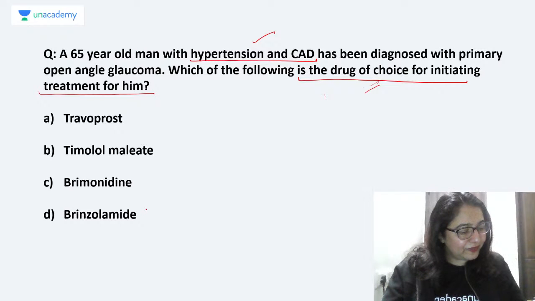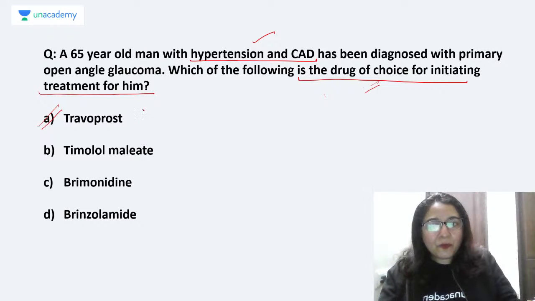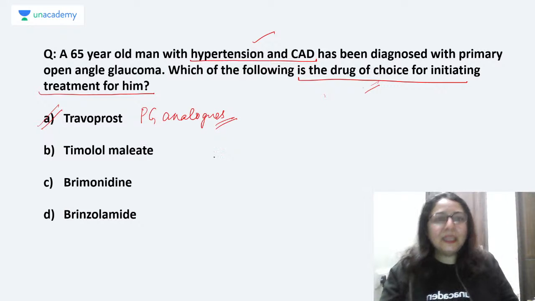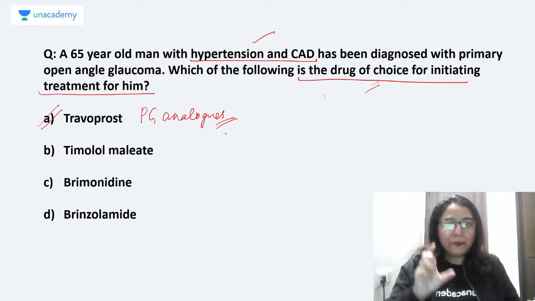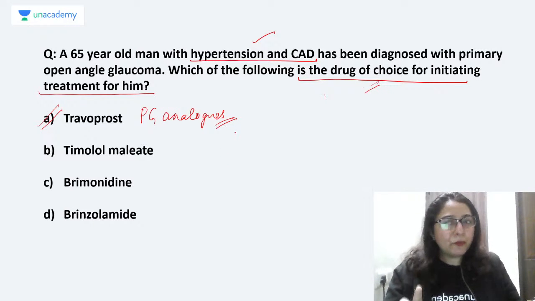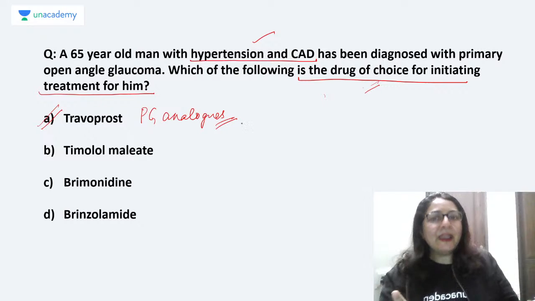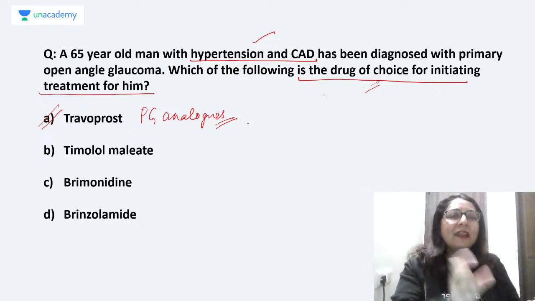Yes, friends, what is your answer? Yes, absolutely right, Dr. Jiva. It is travoprost. Travoprost is one of the prostaglandin analogs. Please do remember the names of each group, also the major drugs in each group. PG analogs: we have latanoprost, bimatoprost, travoprost, and the latest one, tafluprost.